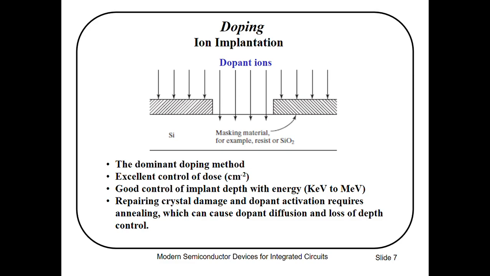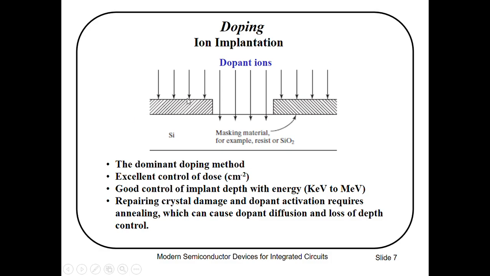Ion implantation is the most important doping method because of the precise control it provides. In ion implantation, an impurity is introduced into the semiconductor by creating ions of the impurity. Here you can see this whole process.